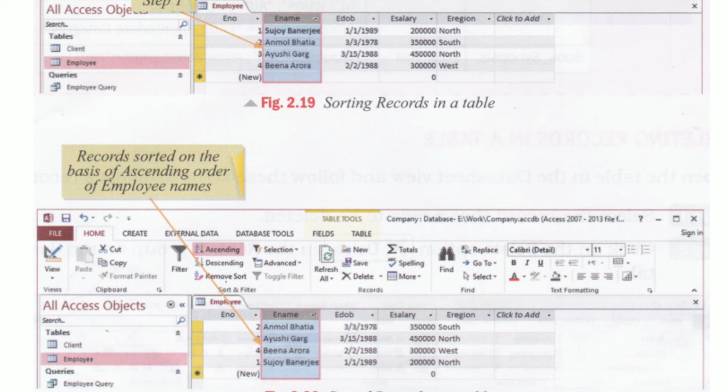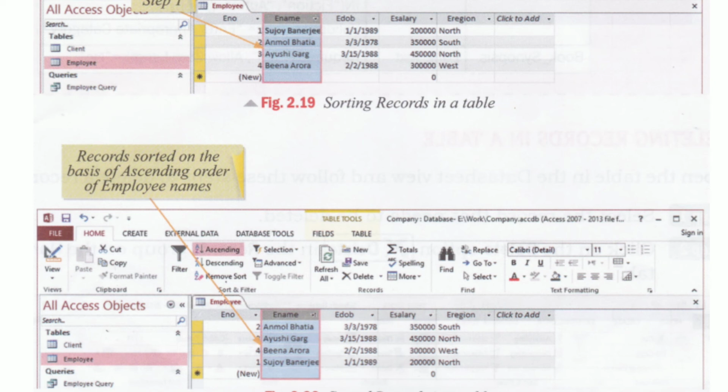As the data has been sorted in ascending order, meaning alphabetical order, all the related data in every record will also be shifted according to the shifting of this selected data. Suppose you can see the employee number of Anmol Bhatia was 2, which was present in the second row.